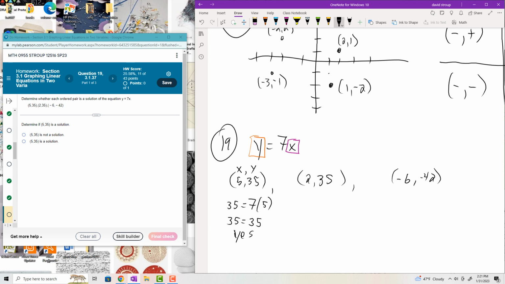Okay, so in this case, yes, it is a solution, so you would just click on that is a solution. And then so on and so forth, right? So in the second coordinate, again, this is your x. You may want to write that above there just to remind yourself. So y is 35, and then I have 7 times 2.